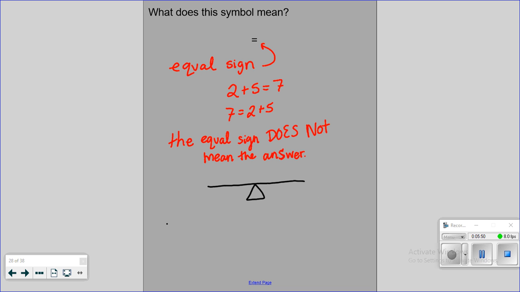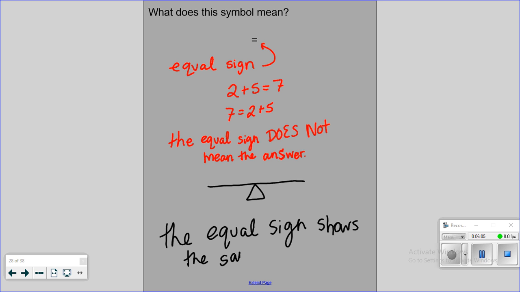So the equal sign, we're writing, shows the same value. And that's why I said you were close.